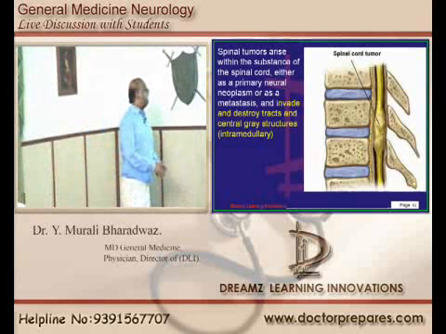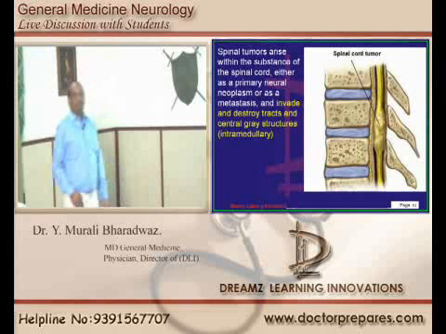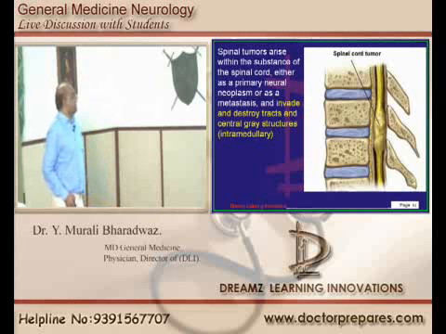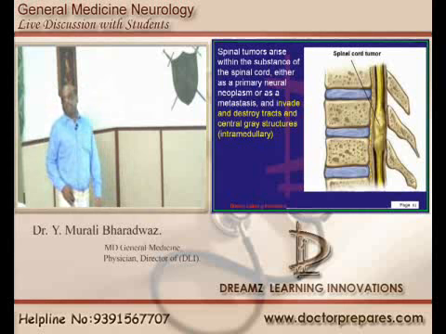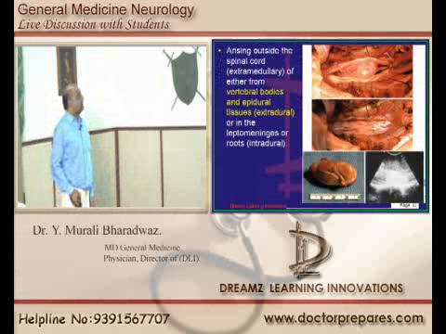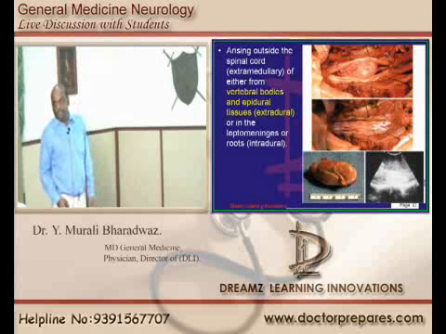Now if it is arising outside the spinal cord, that is extramedullary, already we discussed, it can be extradural or intradural. Now what is this, doctor? Possibly this could be what? This is definitely not intramedullary.